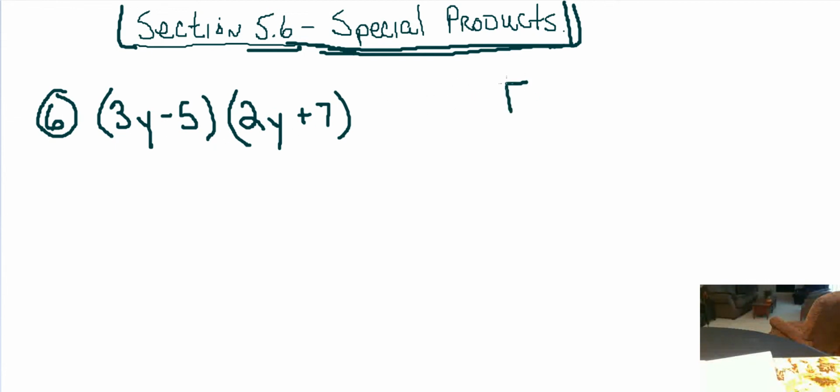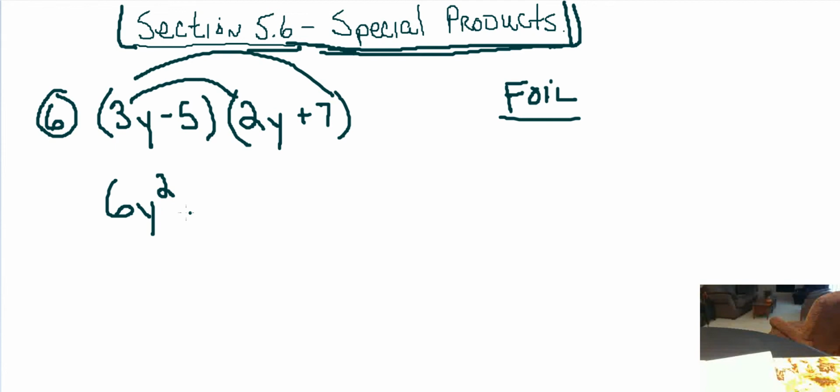We can FOIL it. All right, and FOIL is the same thing as just multiplying it the logical way. So that's what FOIL is all about in our first example. Looks like 2 of them here. So FOIL, that's it. 3 times 2 is 6. Y times y is y squared. Outside is 3y times 7, which is positive 21y.